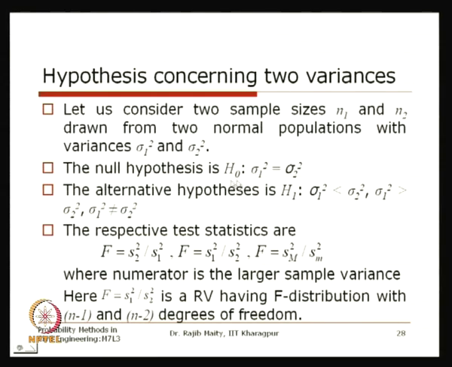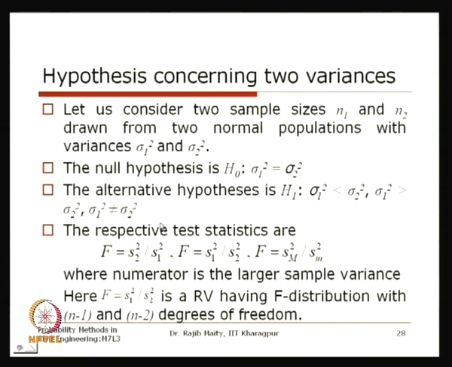Here the null hypothesis can be like this: sigma 1 square is equal to, or less than, or greater than sigma 2 square. The test statistics depend on the alternative hypothesis, whether sigma 1 square is less than sigma 2 square, or sigma 1 square is greater than sigma 2 square, or they are not equal.